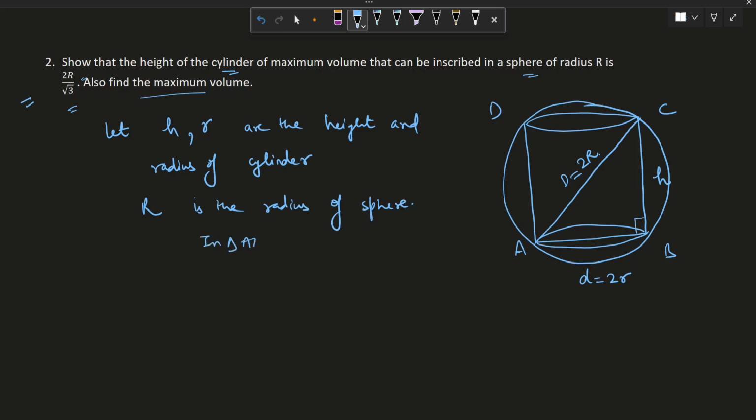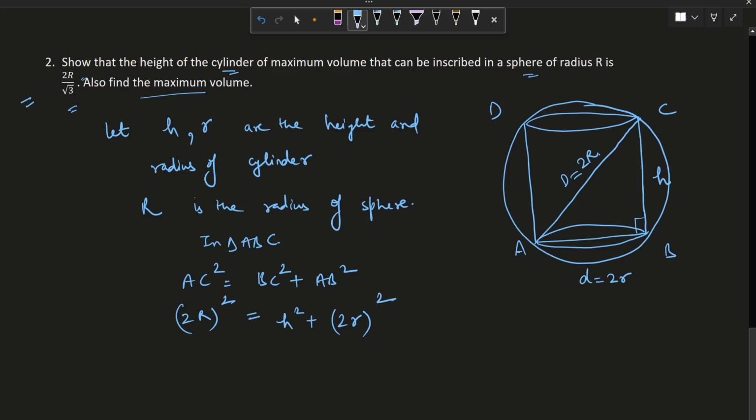In triangle ABC, what do I have? AC square equals BC square plus AB square. What is AC? This is 2R whole square is equal to BC, which is h square, and AB is 2r whole square. So from here, what am I getting? I'm getting 4R square is equal to h square plus 4r square.